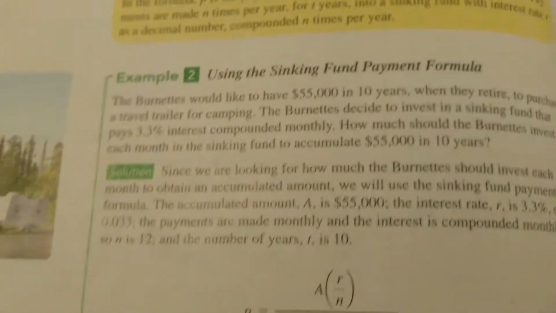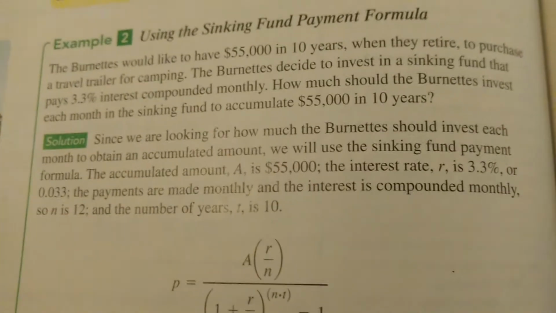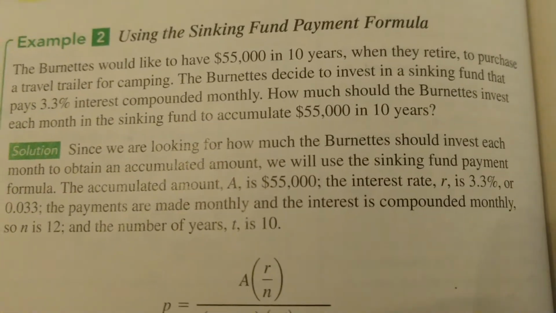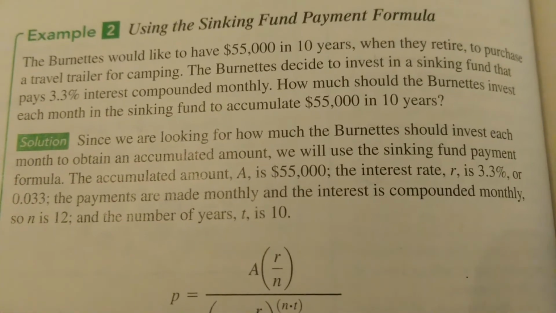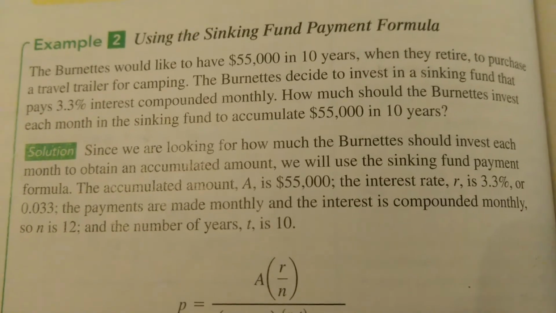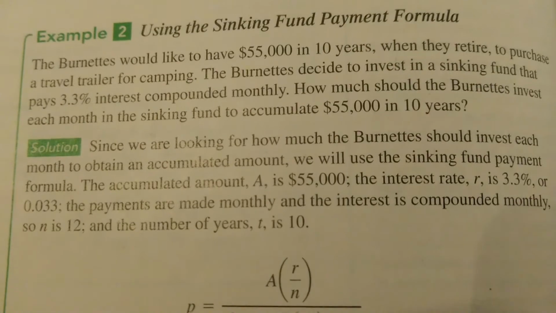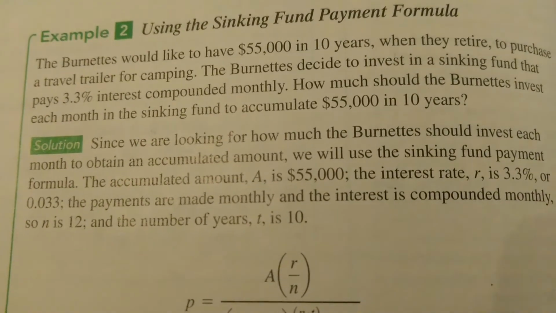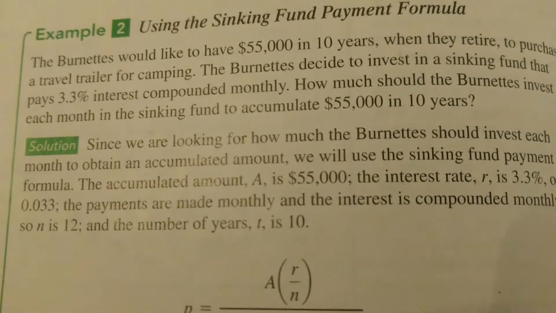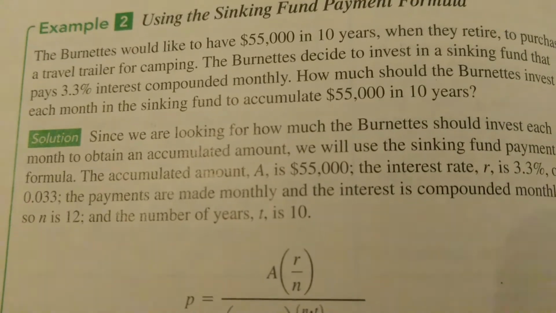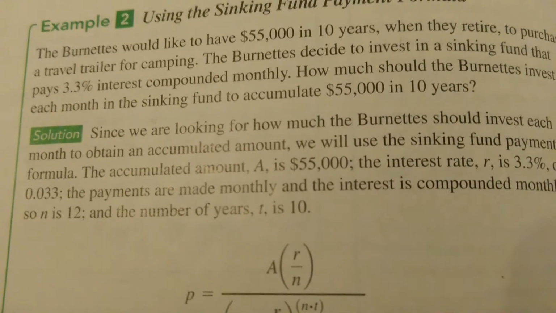This problem says the Burnetts would like to have $55,000 in 10 years when they retire to purchase a travel trailer for camping. The Burnetts decide to invest in a sinking fund which pays 3.3% interest compounded monthly, so 12 times a year.